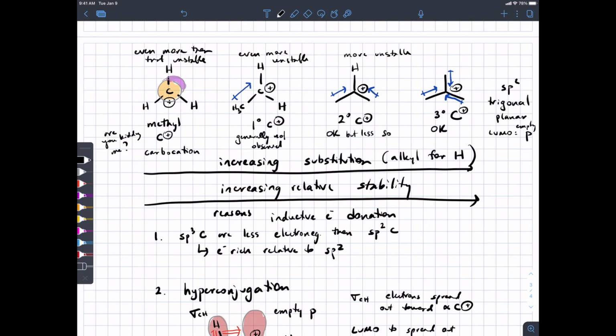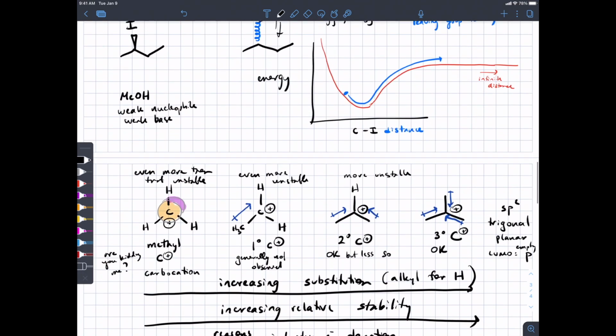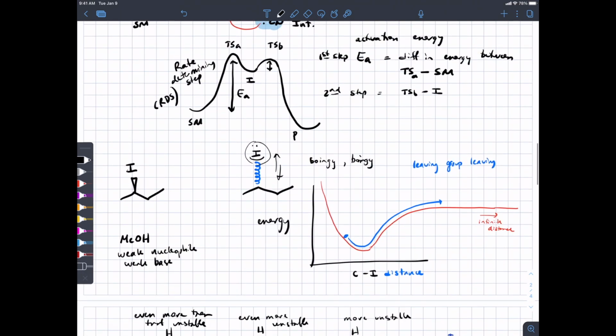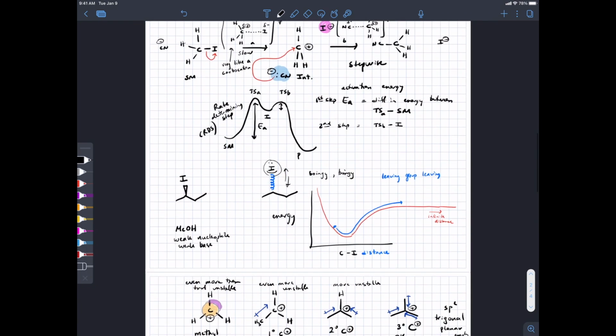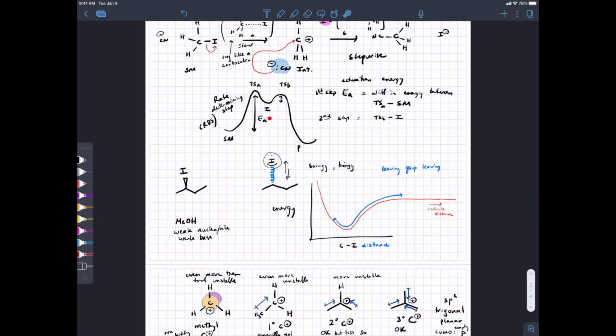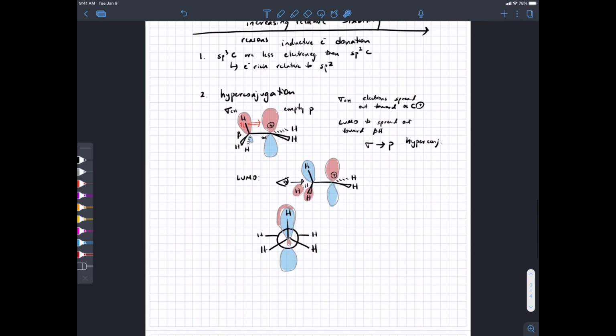So now let's make a hypothesis about the rate of the Sn1 reaction, remembering that the intermediate stability is related to transition state stability.